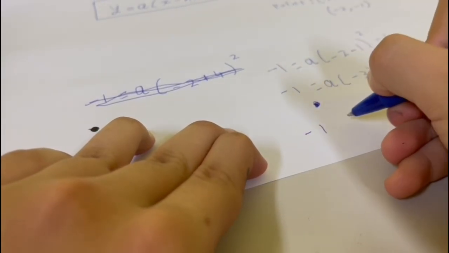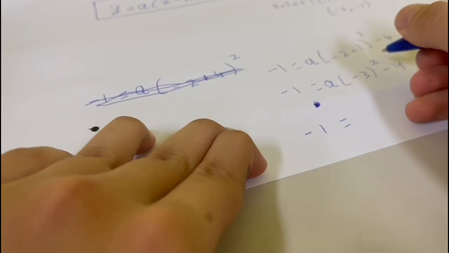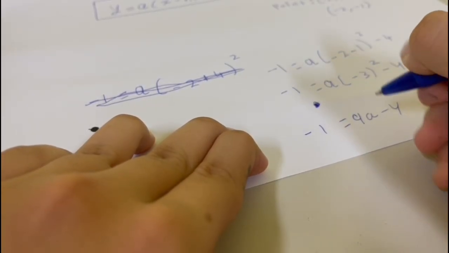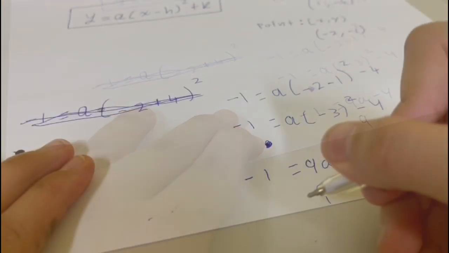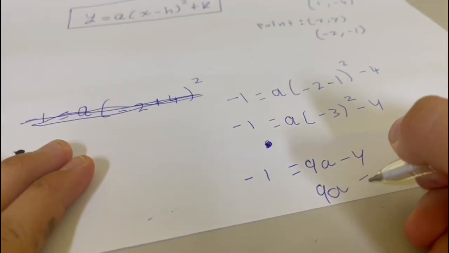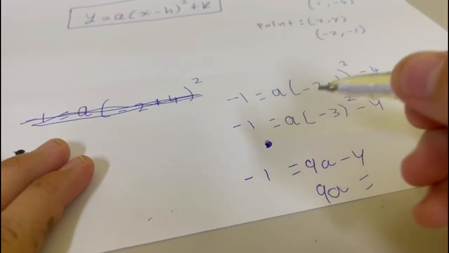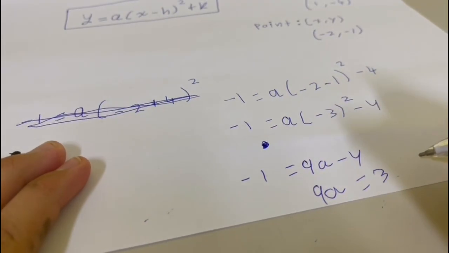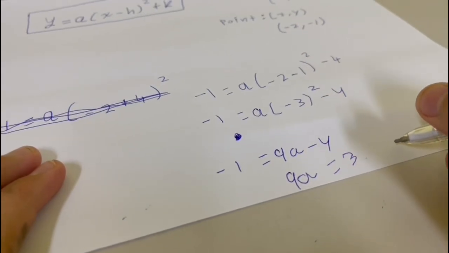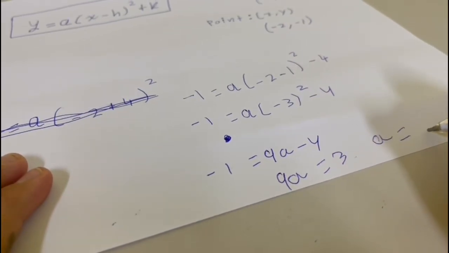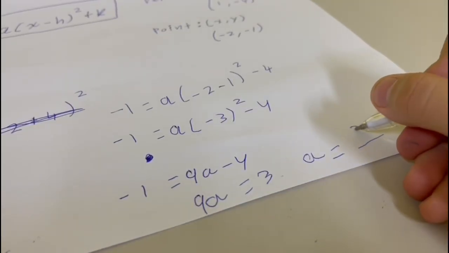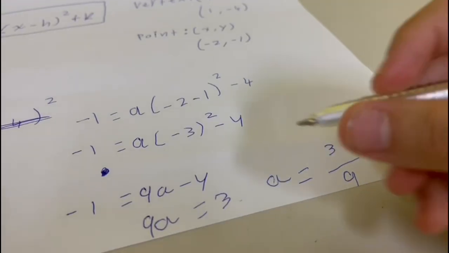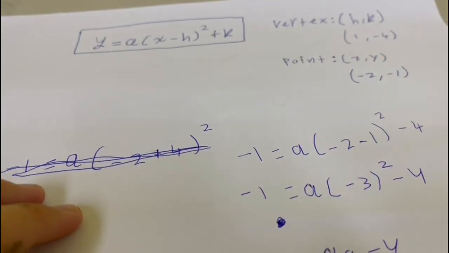So -1 = 9a - 4, since -3 squared is 9. Then 9a equals, taking -4 to the other side, 4 - 1, which is 3. Divide both sides by 9, and we get a = 3/9. We didn't finish yet. We need to write this in vertex form.